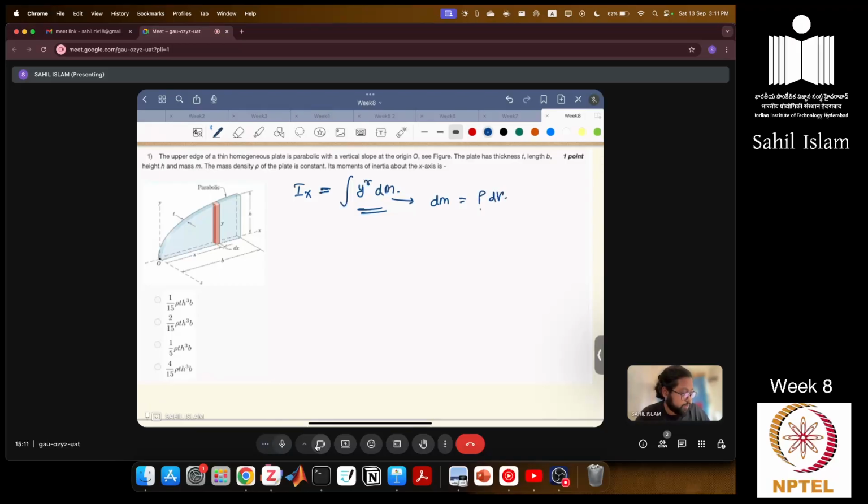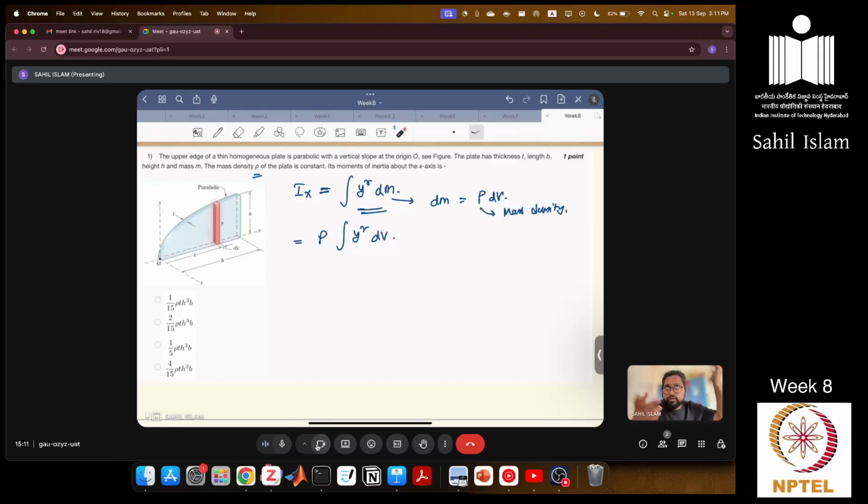Rho is the mass density, meaning mass per unit volume, which is given as constant. So this becomes rho times the integral of y square dv.